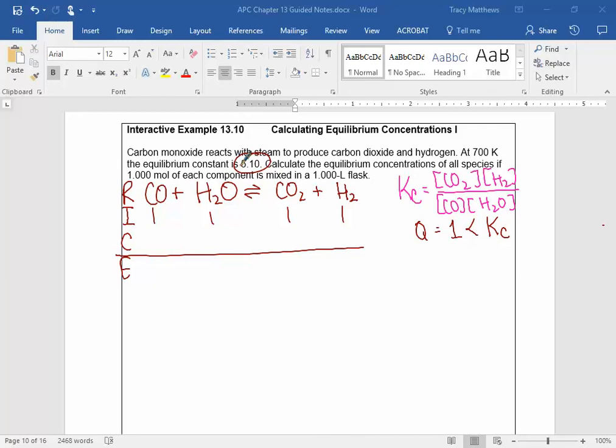So which way will the reaction proceed to reach equilibrium? The right. So my reactants are going to decrease and my products are going to increase. So I'm going to have 1 minus x, 1 minus x, 1 plus x, 1 plus x. And I'm going to plug that into my equilibrium expression.